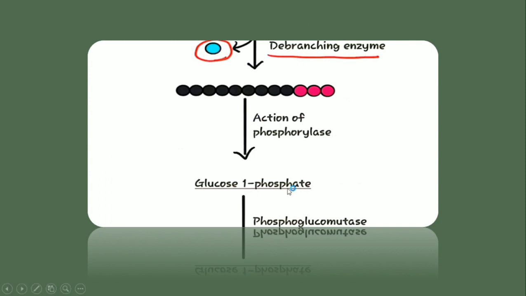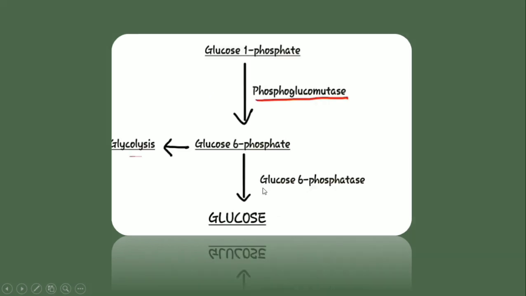And then glucose 1-phosphate, in the presence of the enzyme phosphoglucomutase, gets converted into glucose 6-phosphate.